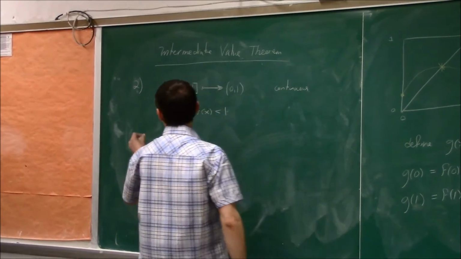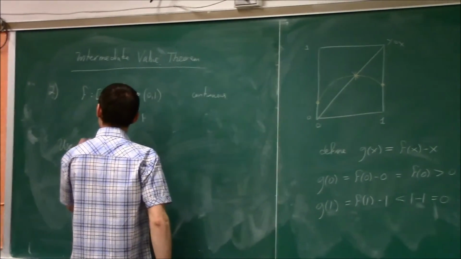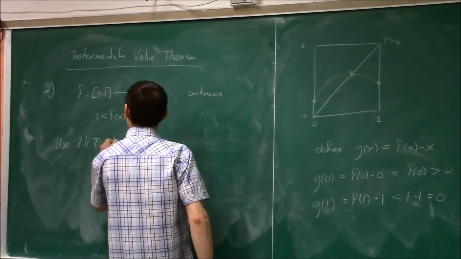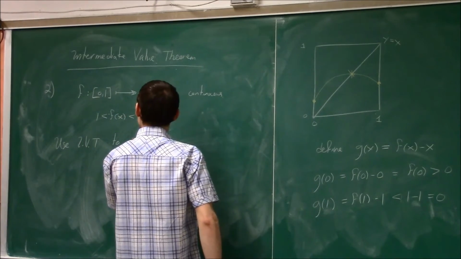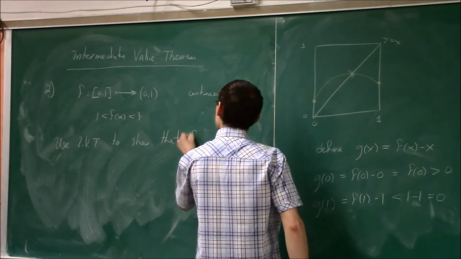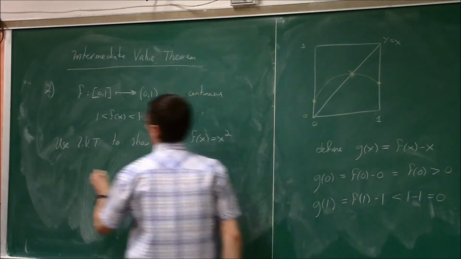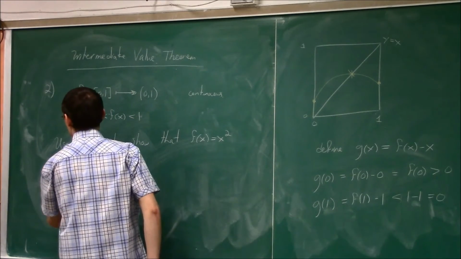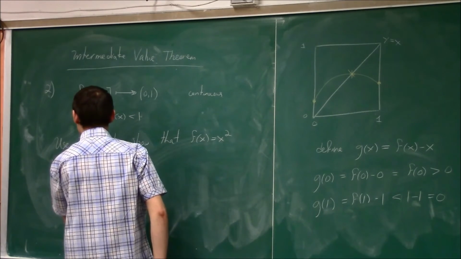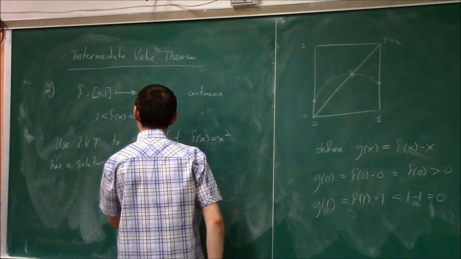Now, use the intermediate value theorem to show that f of x equal to x squared has a solution in the interval 0, 1.